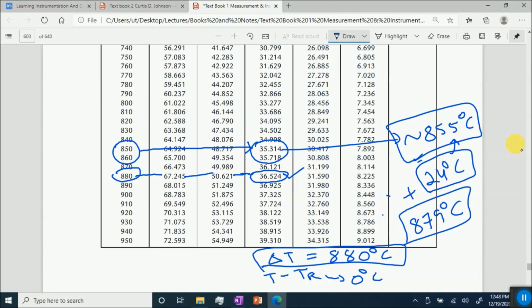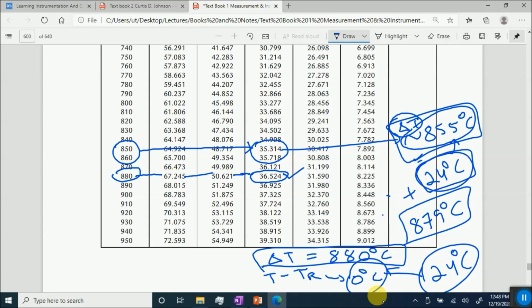But now your TR is at 24 degrees Celsius instead of 0 degrees Celsius. And now you are producing 35.5 millivolts. And we can see here that 35.5 millivolts is produced when our delta T was 855 degrees Celsius. So for delta T to be 855 with the reference of 24, your T has to be 879.